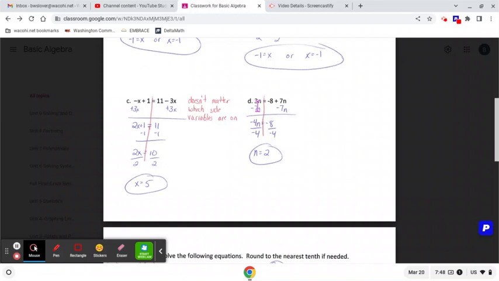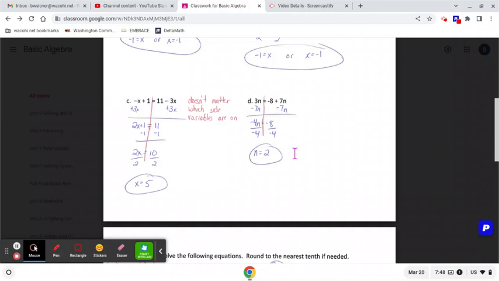But just be mindful that sometimes it's easier to have them on one side versus the other, even though it really doesn't matter. So I'm going to choose to get them on the left. I'm going to subtract 7n from both sides, and I get the negative 4n. And that's okay. There's nothing wrong with that negative. Then I'm going to bring down the equals negative 8. I divide by negative 4, and n is 2.